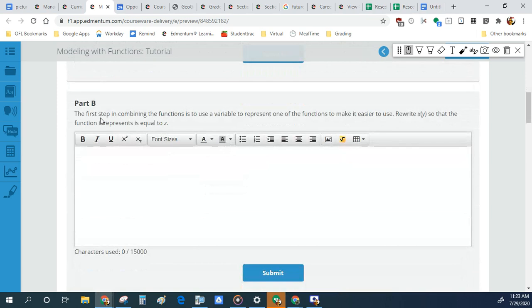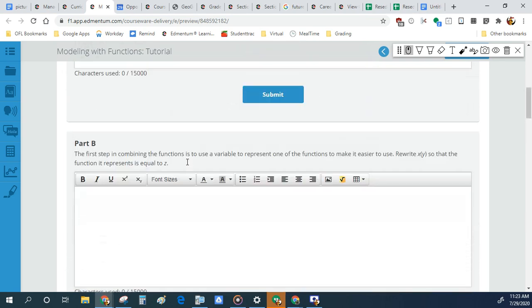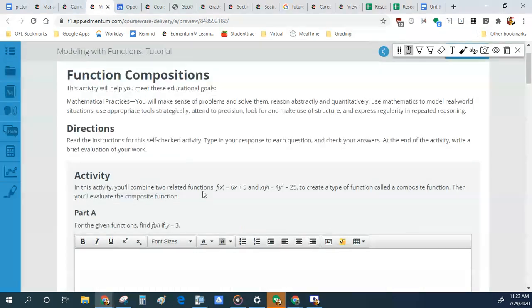The first step in combining functions to make it easier is to rewrite f of x so that the function represents g or z. Because z is our output. I think what it's implying is that z equals 6x plus 5.